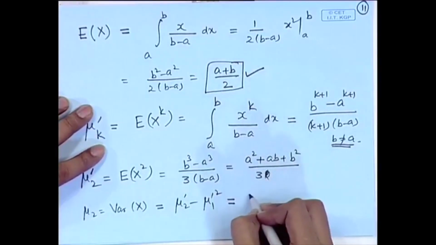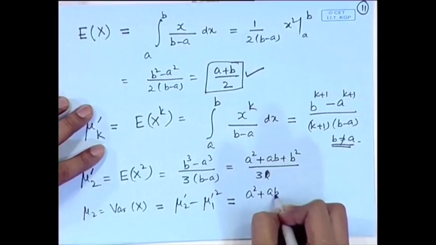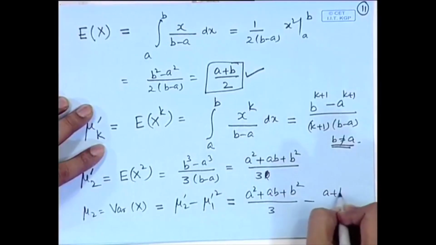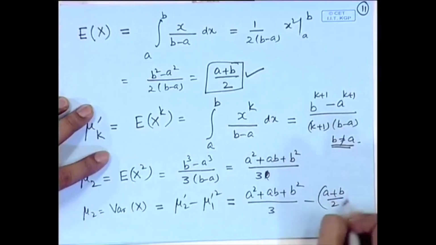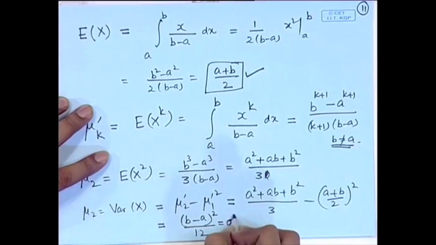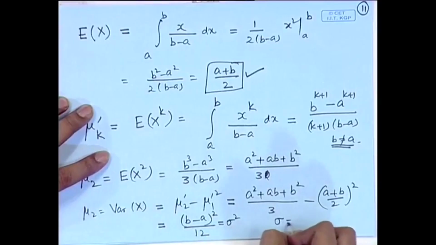After some simplification, we can make simplification here. This turns out to be b minus a whole square by 12, that is sigma square. So, the standard deviation of this distribution is b minus a divided by root 12, that is 2 root 3.